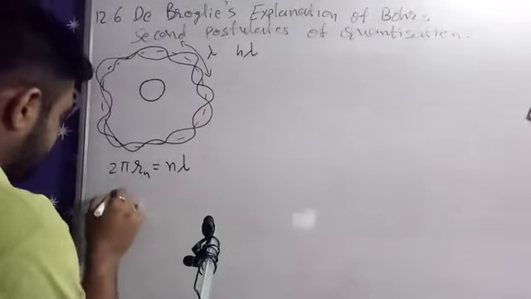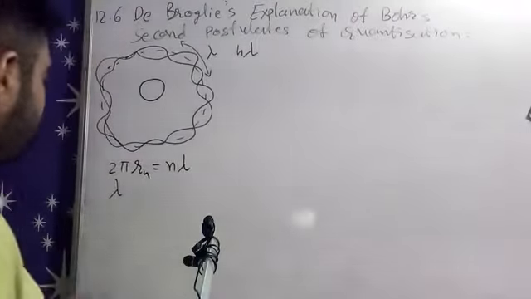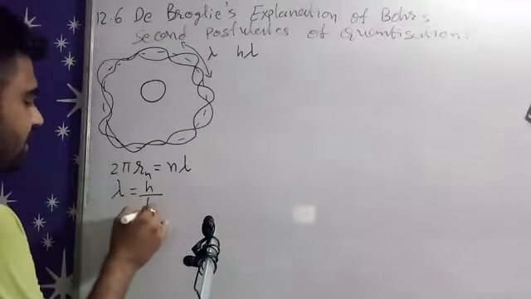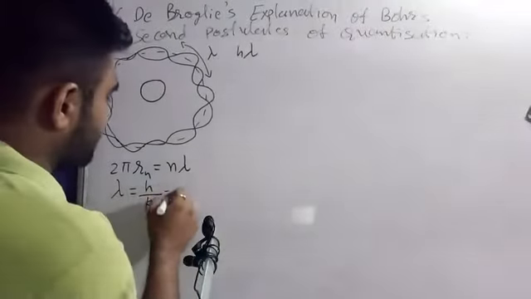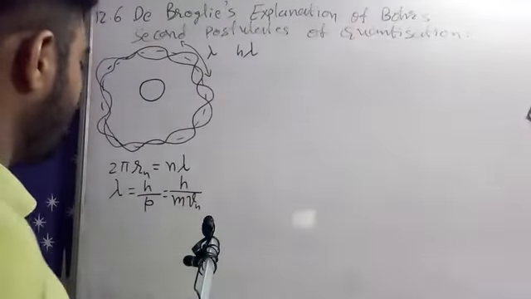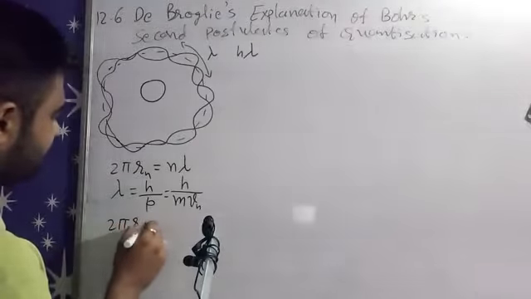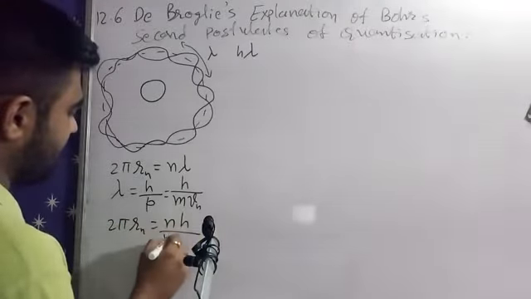Now, according to wave theory, we know that lambda is equal to h upon p, where p is momentum. So we can write h upon m Vn. Putting this into the equation, 2 pi rn is equal to n h upon m Vn.